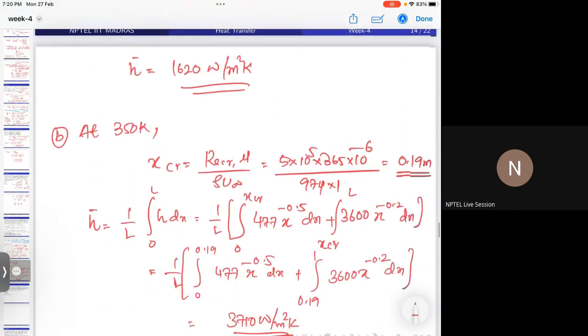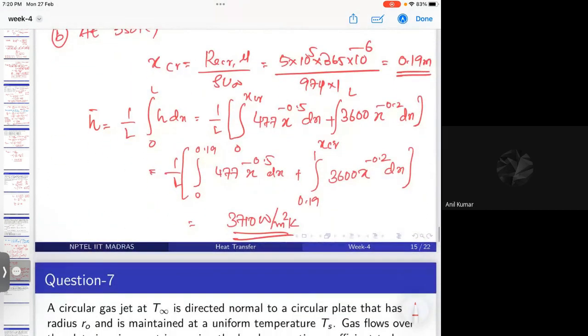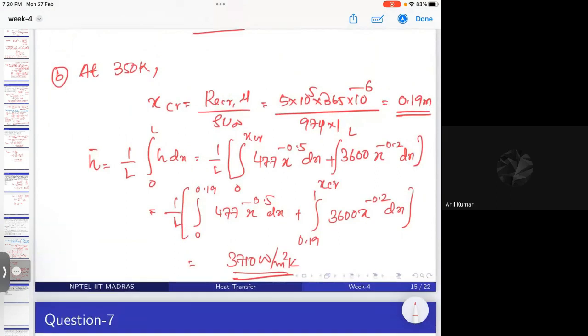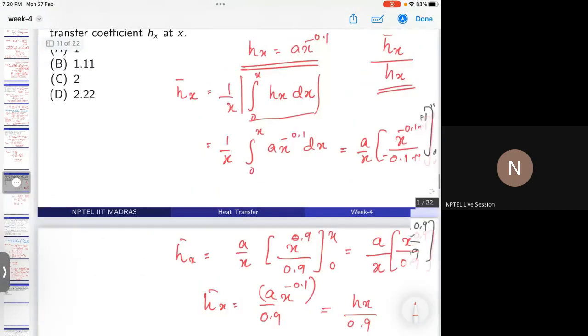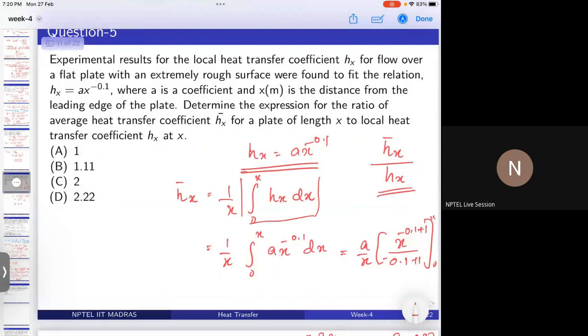Sir, when you are taking this average heat transfer coefficient, you are writing 1 over L integral 0 to L h dx. Why are we not writing 1 by x? No, in the previous question, it was asked from 0 to a particular location x.